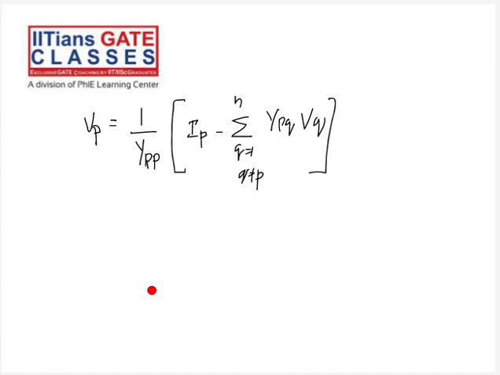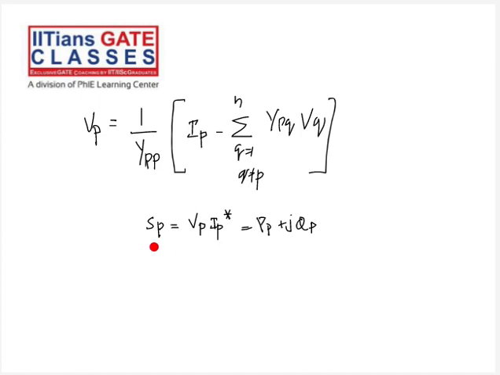Now we know the complex power at P is VP IP conjugate, which is equal to PP plus jQP, right?